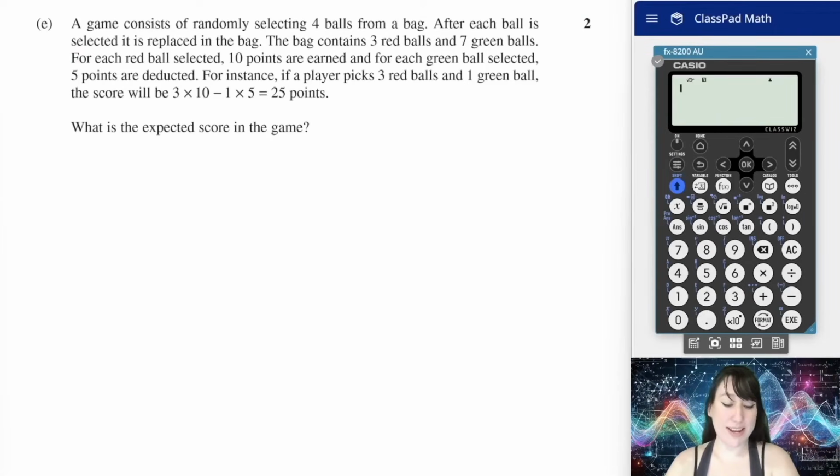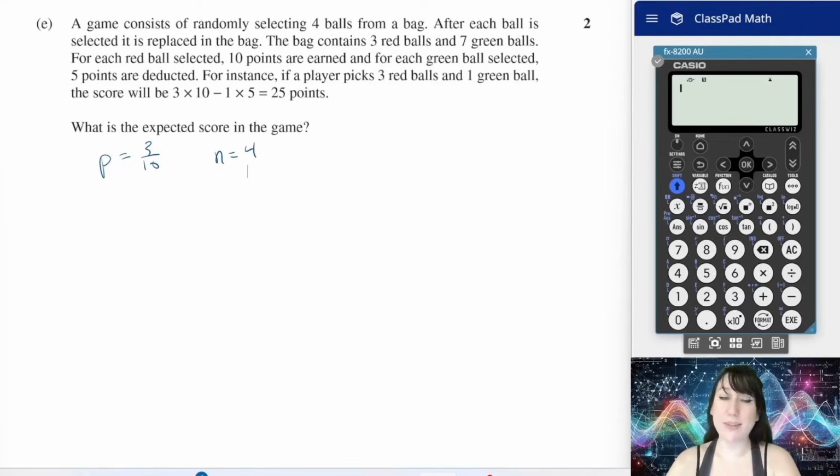Okay, you may recognize this as a binomial probability. What are the parameters? Well, what's going to be our p? How about we'll make it the desired outcome of getting a red ball? 3 out of 10 are red, so p will be 3 out of 10. 4 balls are selected, so n will be 4.